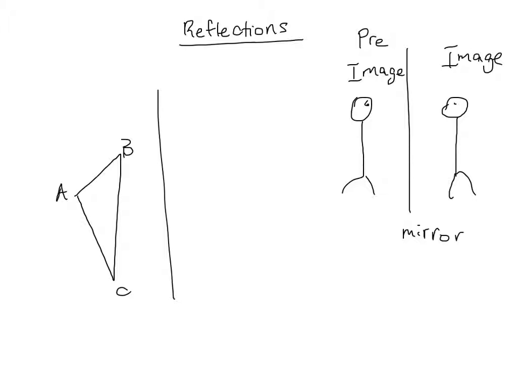Now, in order to figure out exactly where that would be, a good idea would be to draw a horizontal line, and it's horizontal so we can see the distance. So from B to the mirror is that, and if I had a ruler here, I would measure that same distance, and then I would put the image of B, and I'll call it B prime.